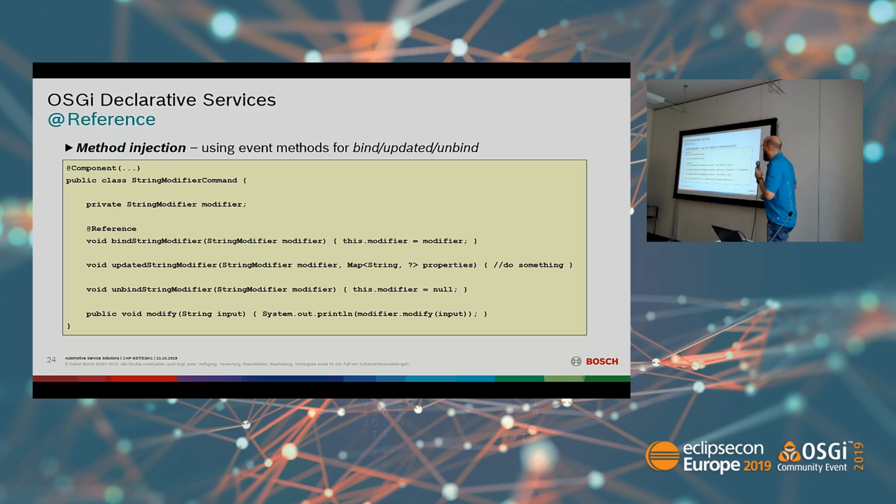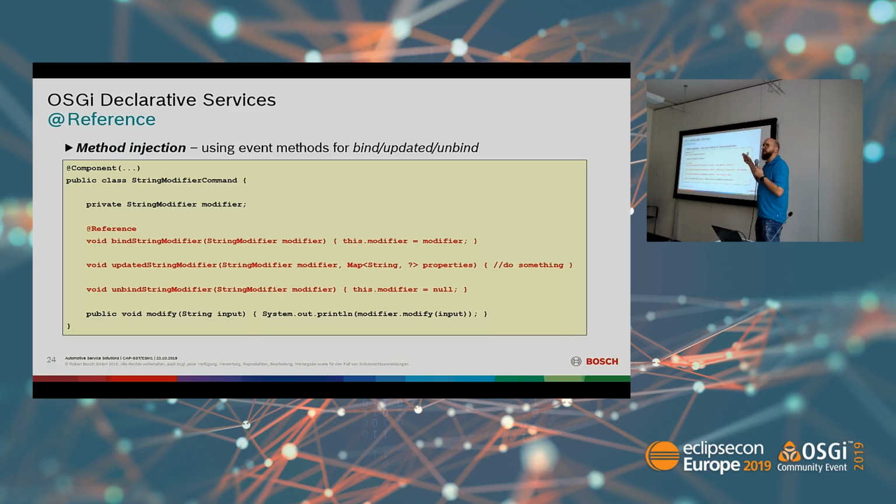Okay. Then let's start. Method injection. Method injection was one of the starts in DS. We have event methods: bind, updated, and unbind. These are the default names. You can override them. But it actually means here you are annotating a method with @Reference that is getting my service.